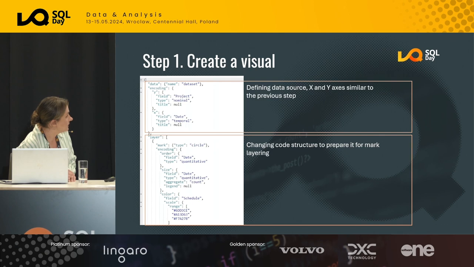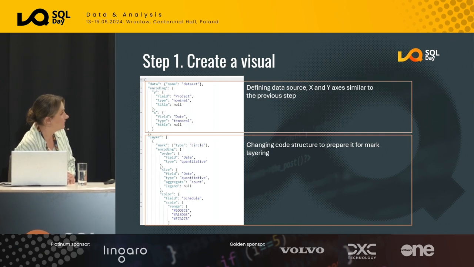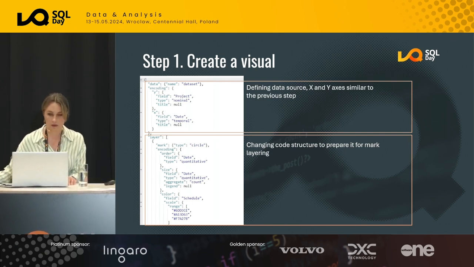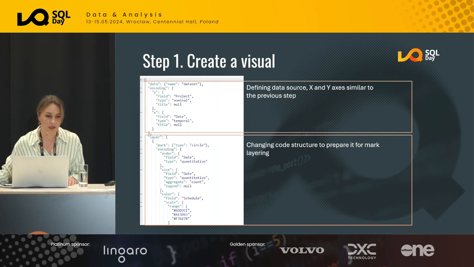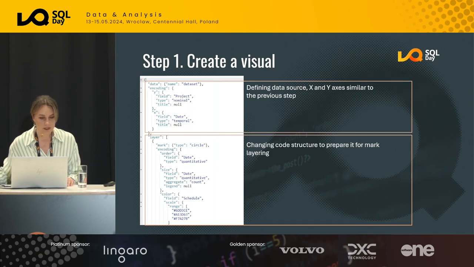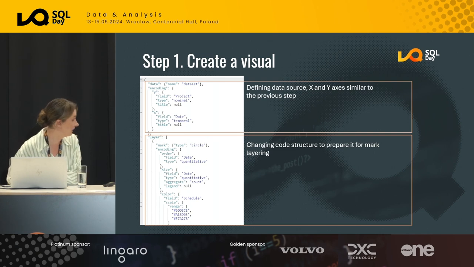Here I have some code snippet. I hope it's visible. So this is our initial definition of the chart. As you might see, it's very similar to the previous example in the first section, but the second section looks a little bit different. Here we have layer, which is the first row in the selected section.